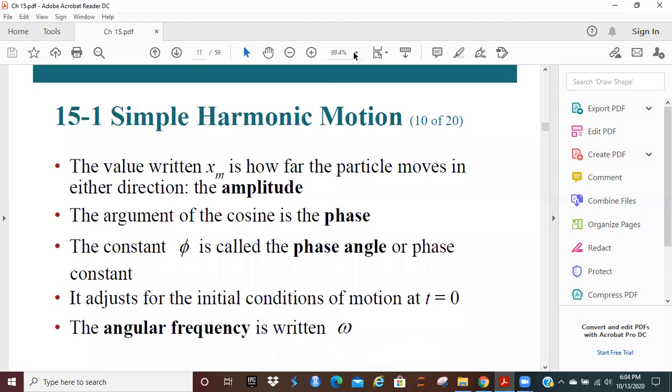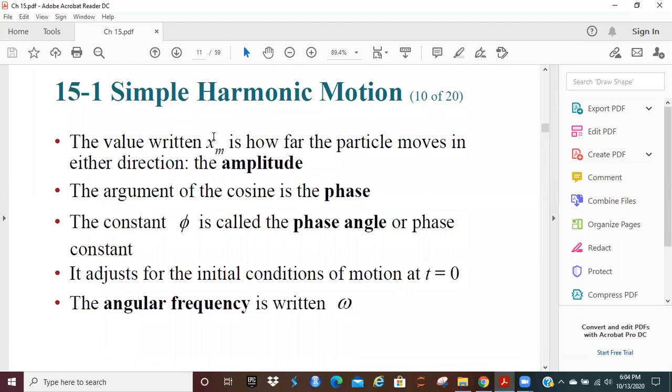All right. So the value written x sub m is how far the particle moves in either direction. That's going to be called the amplitude. The argument of the cosine is going to be called the phase. The constant phi is going to be called the phase angle or the phase constant. It's basically what allows you to calibrate where you are in the motion.